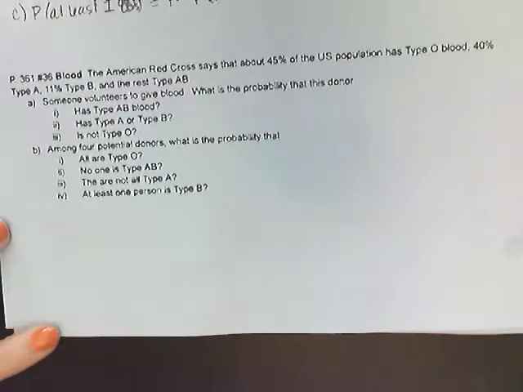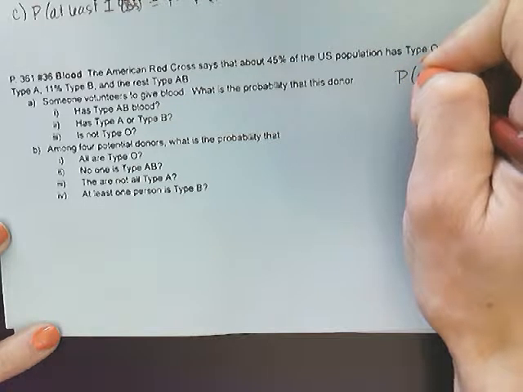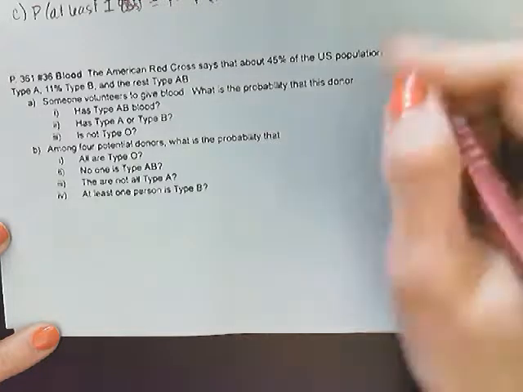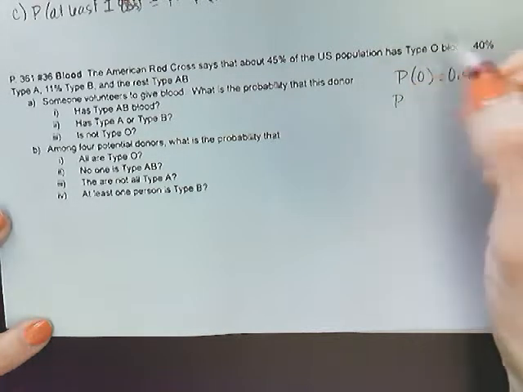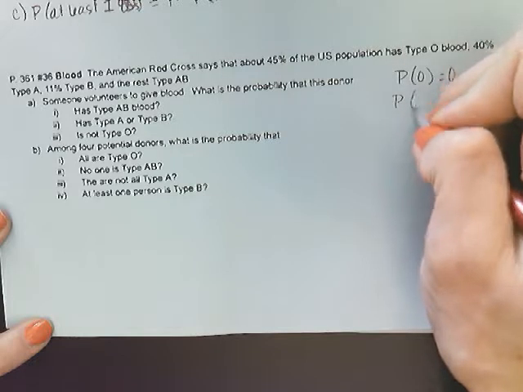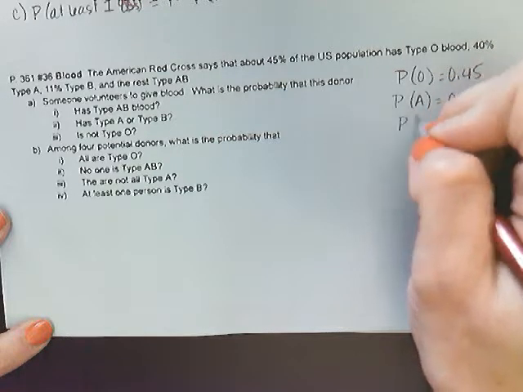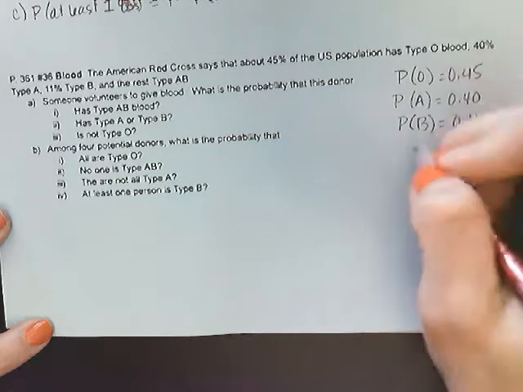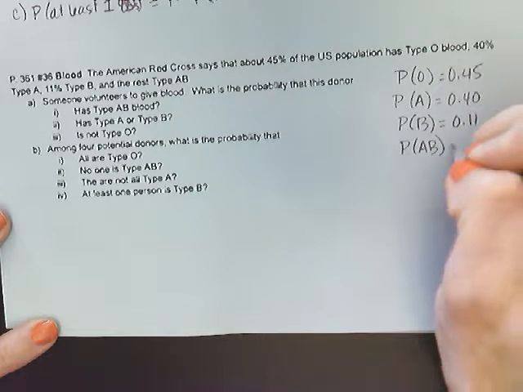The American Red Cross says that about 45% of the U.S. population has type O. I've heard mosquitoes like that blood type more than others. Probability of 40% is type A. Type B is 11. And type AB is, they didn't tell us.